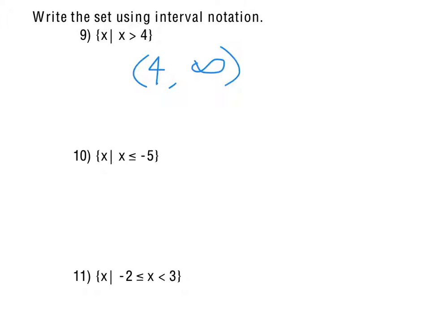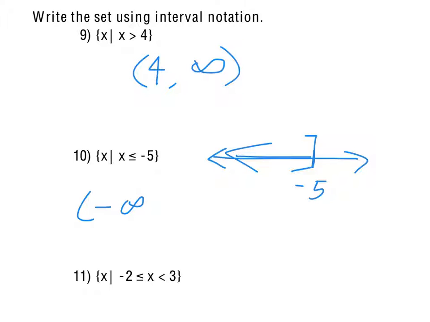It can be helpful if you want to graph it, then you can see what you're dealing with. In this case, -5 there. We're looking at the values of x that are less than that, so it would go this way. That can help you see that the interval would really be -infinity to -5. Now the -5 also gets the bracket there because the inequality has the equal to.